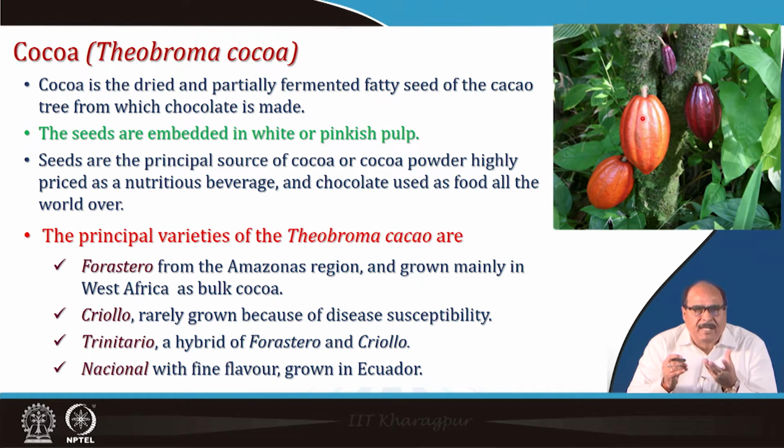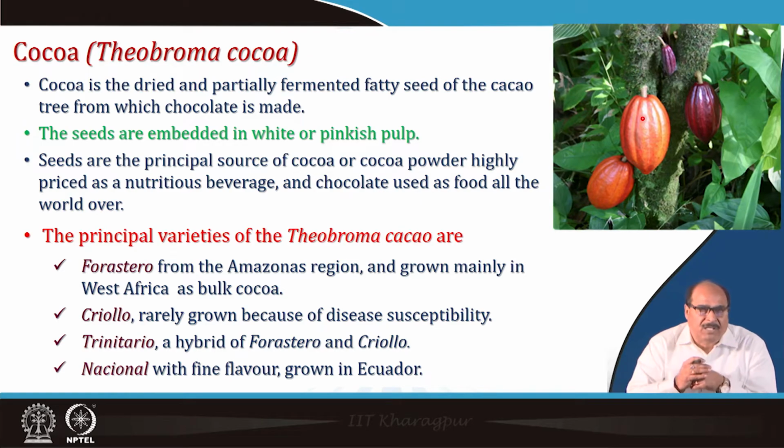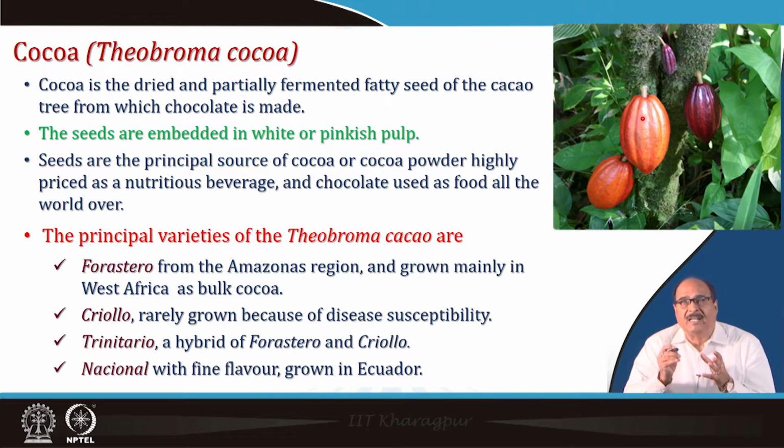So, cocoa is actually the dried and partially fermented fatty seed of the cacao tree from which chocolate is made. Inside the pod there are about 20 to 50 beans, arranged in a thick leathery rind.